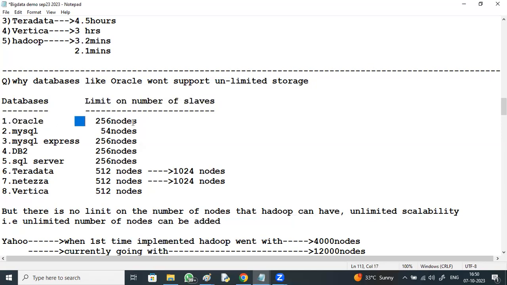Oracle, maximum you can go with 256. MySQL, it can go with 54.